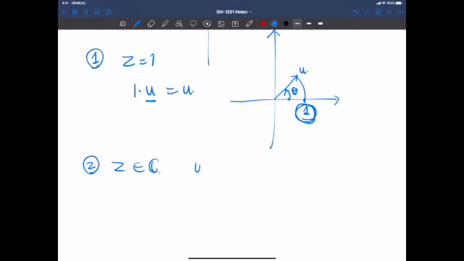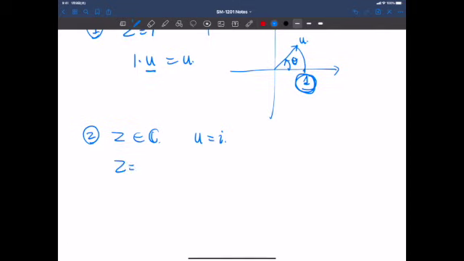And let's say in this case u is i. So let's say z is a plus bi. Then multiplication by i gives us minus b plus ai, right?